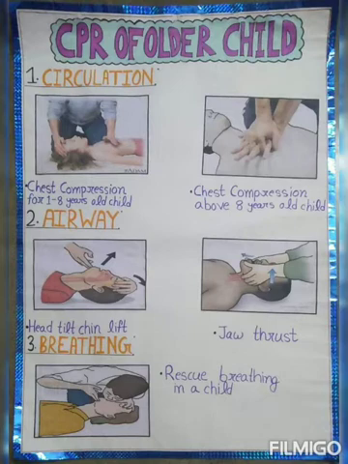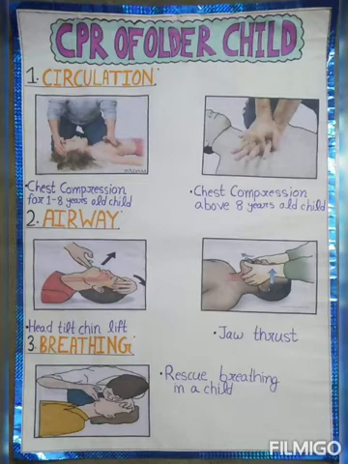And there is also a picture of chest compression for a child above 8 years old. So the compression area is the lower half of the sternum or below the nipple line on the sternum. Compression is by the two hand stacked method, and the depth should be 1.5 inch to 2 inch, and the rate should be 80 to 100 per minute.